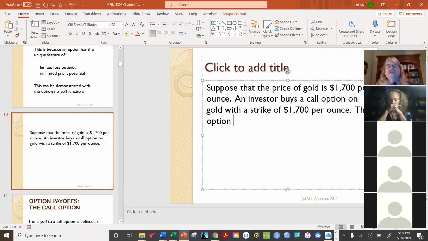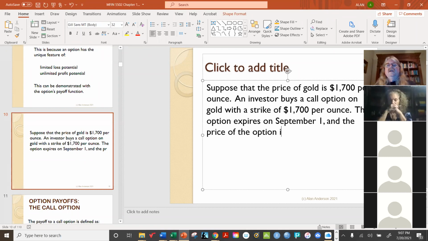The option expires on September 1st, and the price of the option is $20. So this is the scenario. The spot price of the gold, the current price, is $1,700, and we buy a call with a strike of $1,700. It expires on September 1st. We pay $20 for that option.